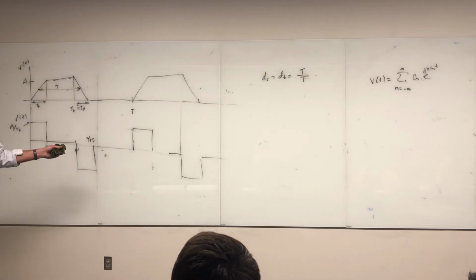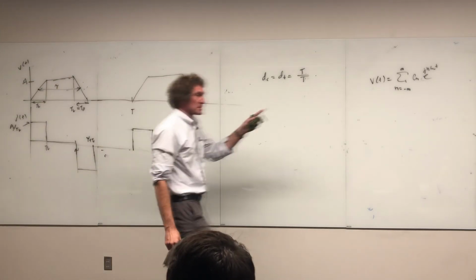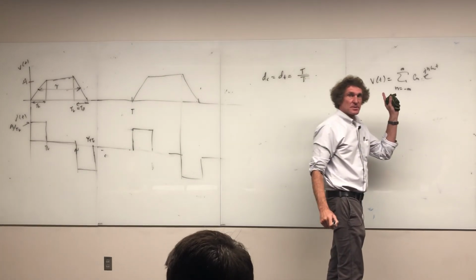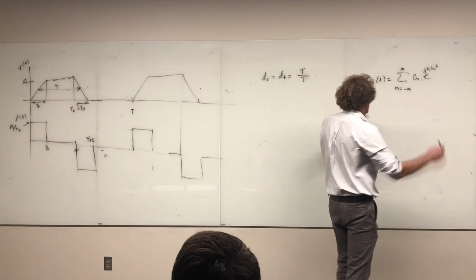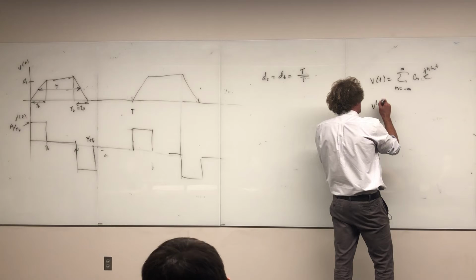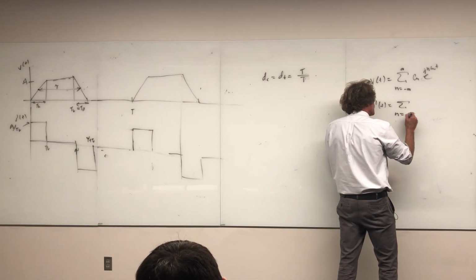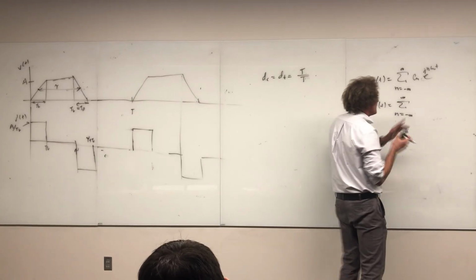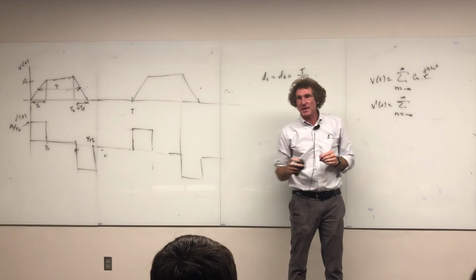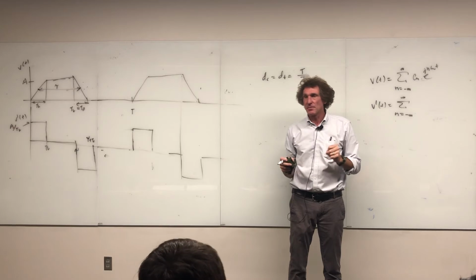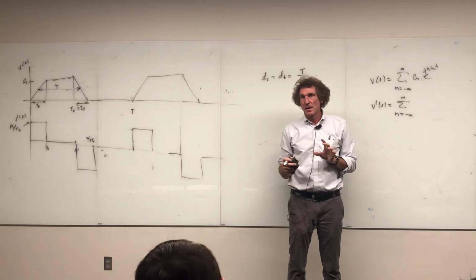Now, what is that? Well, that's the derivative of this. Please watch this last point. I don't have time for all of it today. Now I'd say V prime of t would be equal to the summation from n equals minus infinity to infinity, but I'm taking a derivative of that with respect to time. Well, what happens? Some of you know. You've had me.